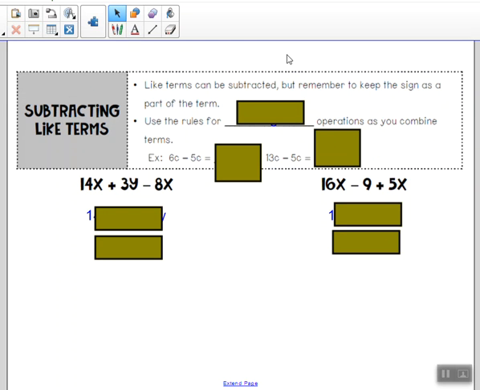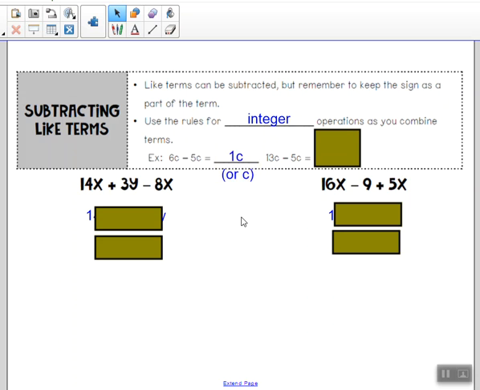Now, there's also something to think about with subtracting like terms, okay? Like terms can be subtracted, but remember to keep the sign as a part of the term. We'll get to that in a moment. We want to use our rules for integer operations as we combine terms. If I think about this one, if I have 6c and I want to subtract 5c, well, that's really just 6 minus 5.